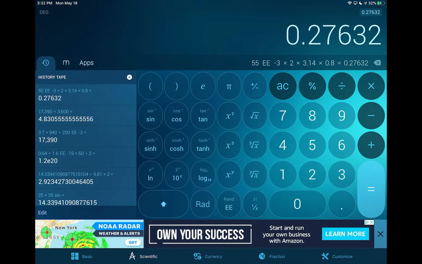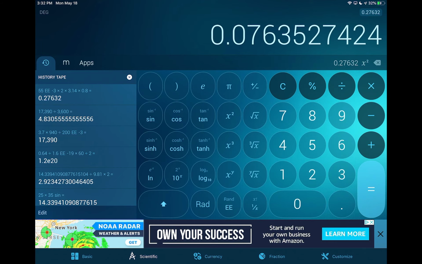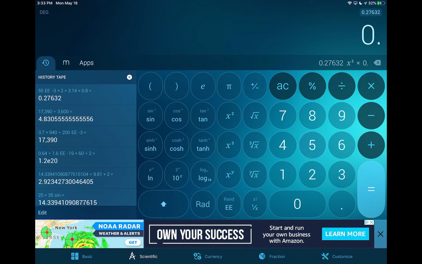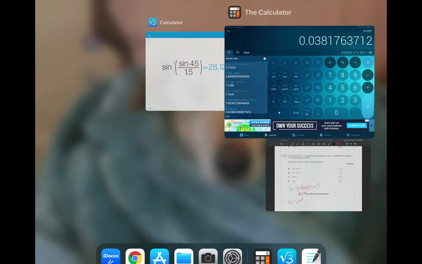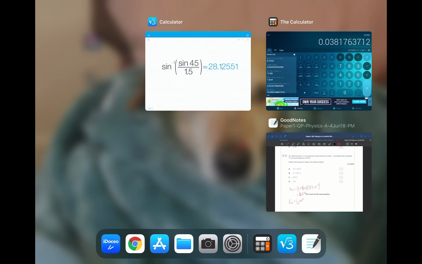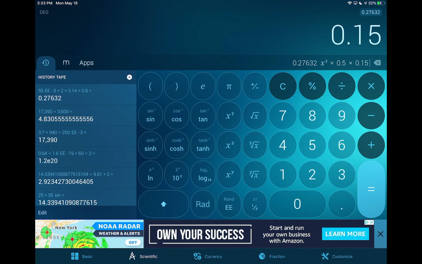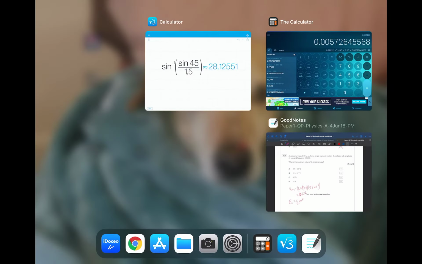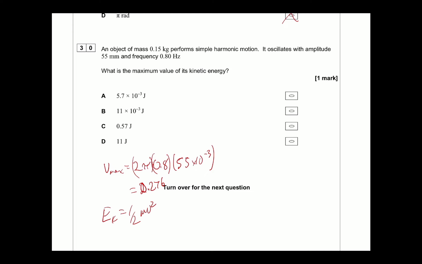So I need to square that times 0.5 times a mass of 0.15. 5 millijoules.